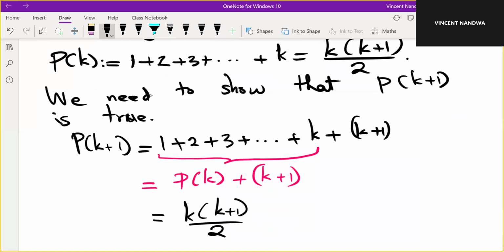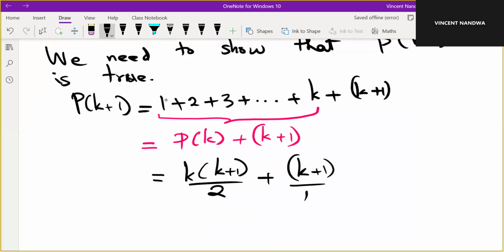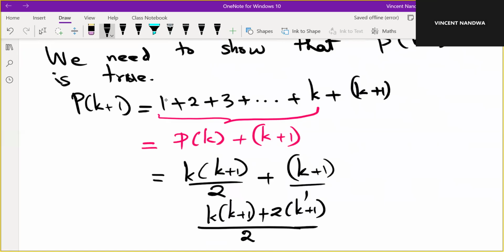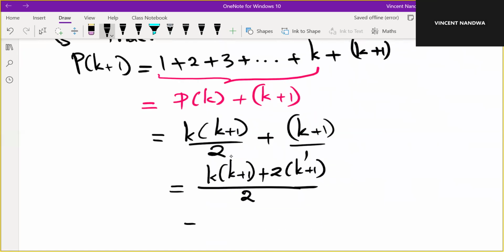And then plus this term is k plus 1, okay? So there's no mistake by us putting this over 1. So what is the LCM? LCM is 2. So here we will have k into k plus 1 plus 2 into k plus 1. So your common numerator, what is common?